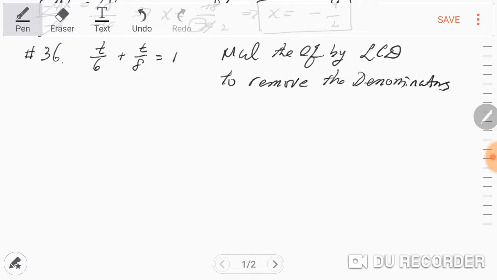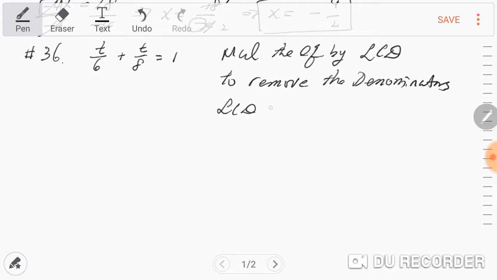Okay, then what is the LCD in this case? The LCD, the least common multiple of the denominators 6 and 8, is 16? No, 24, right? 24. How do you find the LCD?